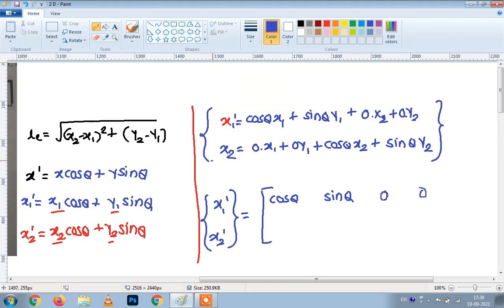Now in the second equation, the coefficient of x1 is 0, the coefficient of y1 is 0, the coefficient of x2 is cos theta, and the coefficient of y2 is sin theta. So I am writing here cos theta and sin theta.